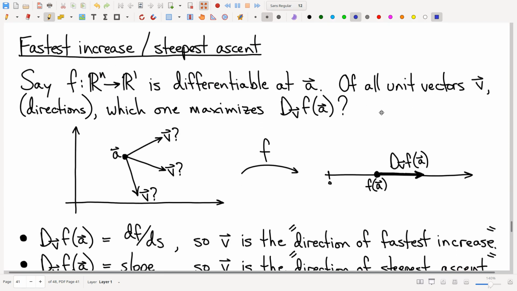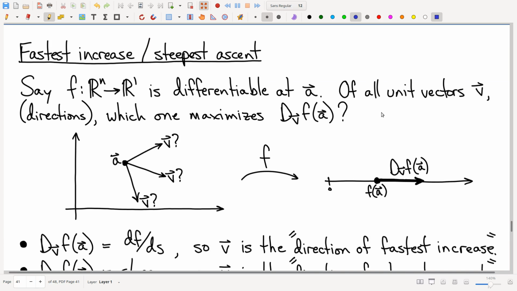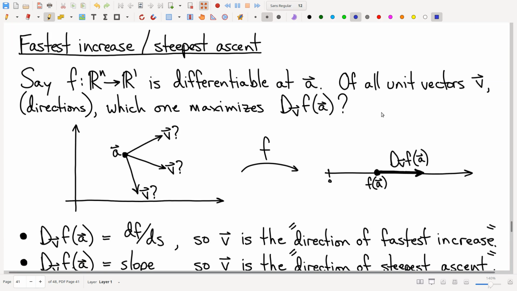Alrighty. Moving along. Here is a very natural question to want to ask. Suppose you have a real valued, multivariable, differentiable function. And suppose you're standing here in the domain.